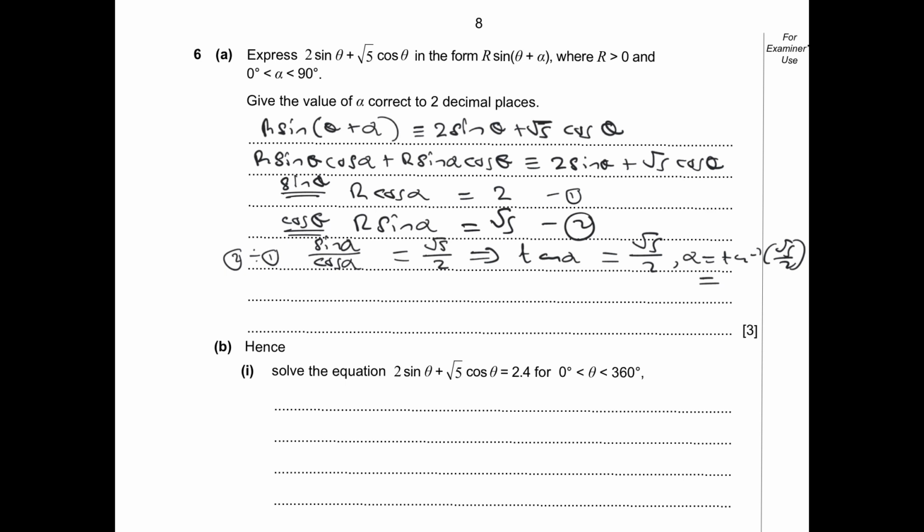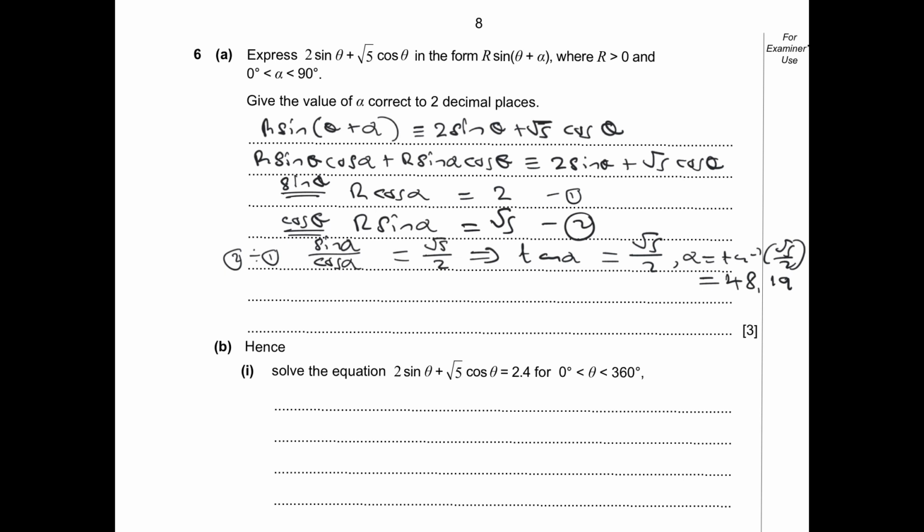What are we going to get? We're going to get 48.19, to 2 decimal places. So that's our alpha.